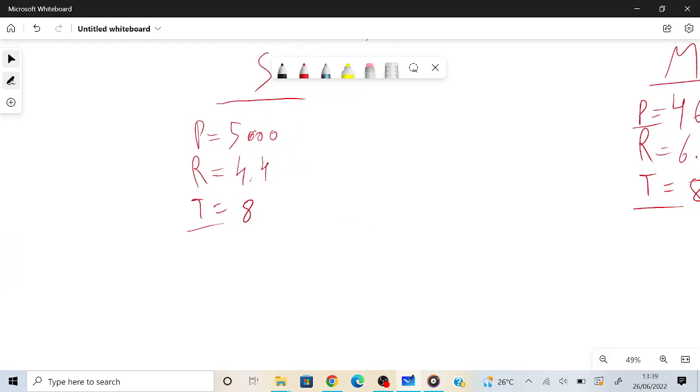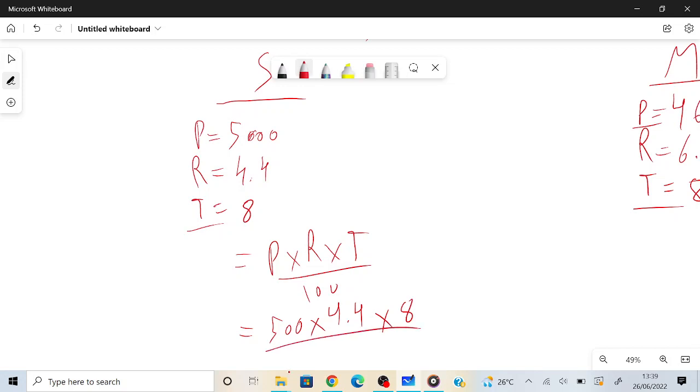Doing our equation, we know the formula is P times R times T over 100. This becomes 5,000 times 4.4 times 8 over 100.